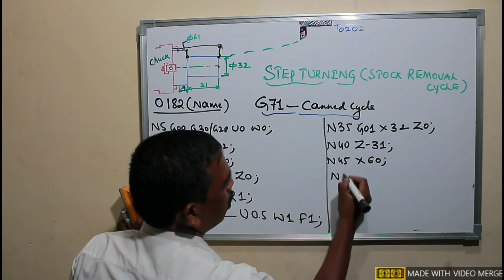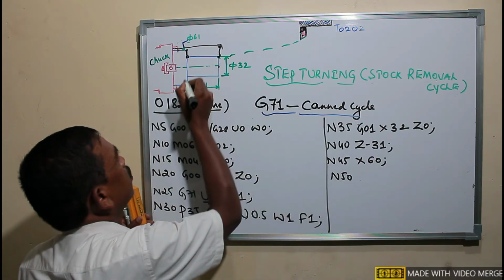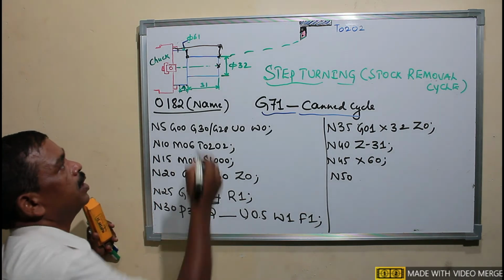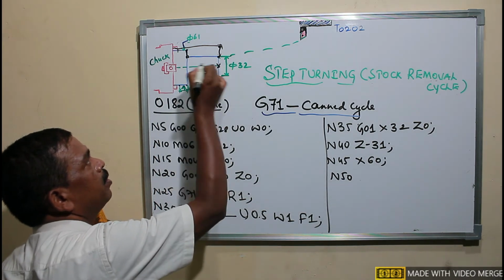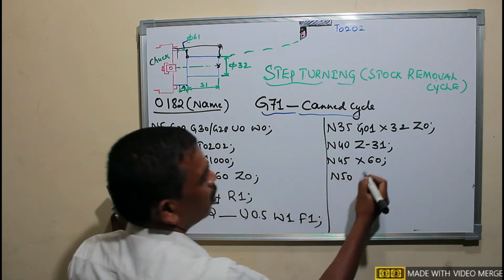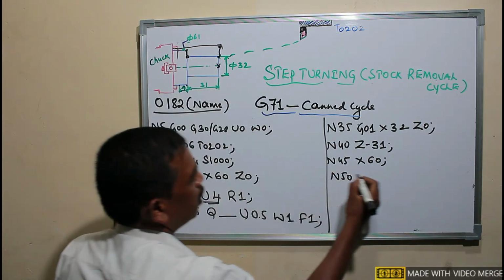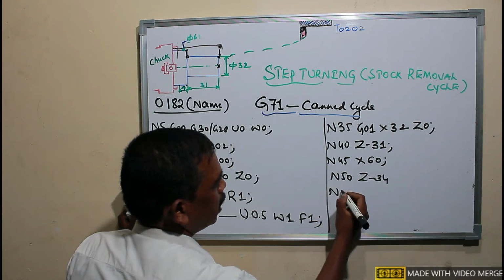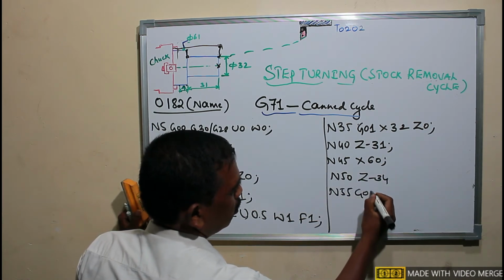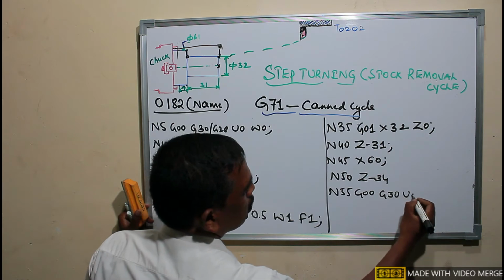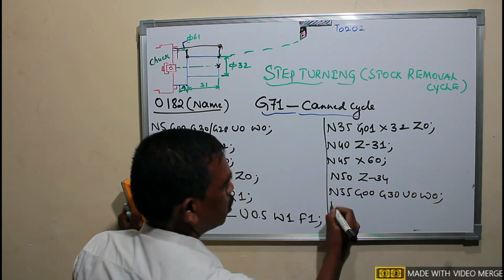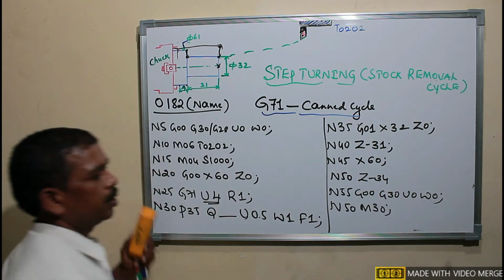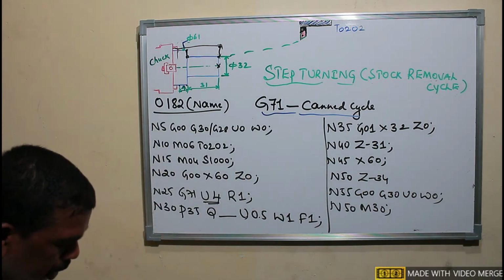And then N50. From here to here it is 4 mm, but it is absolute programming, therefore we have to consider from here to here the length of the workpiece, the length of this step, that is Z minus 34 mm, and then I will move the tool to its home position. Then end of block. So this is the program.